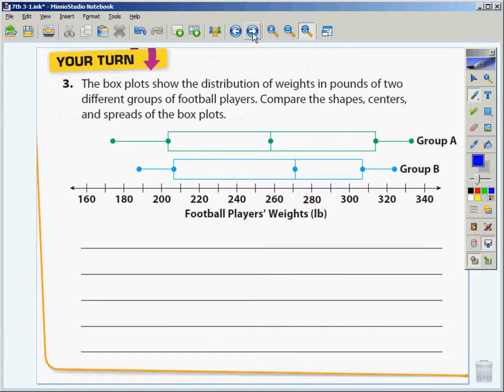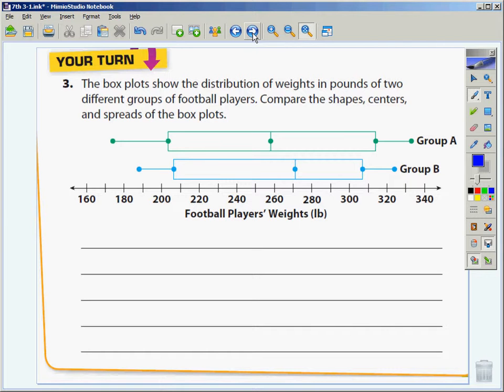Okay. So let's look at the your turn, which is at the top of the next page, 343. Everybody see it? The box plots show the distribution of weights in pounds of two different groups of football players.